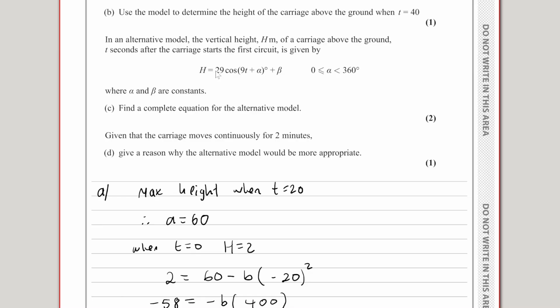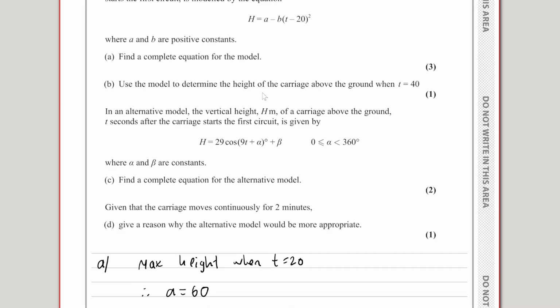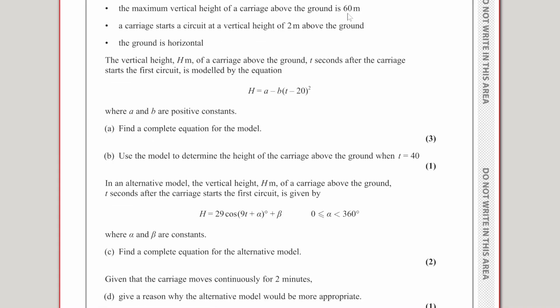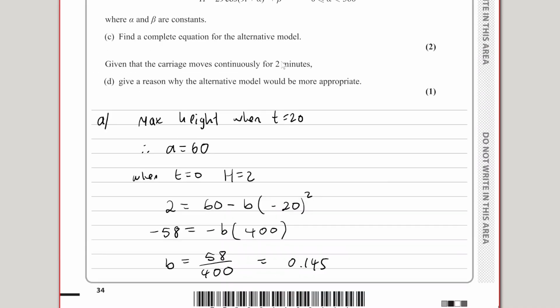Find the complete equation for the alternative model. So this time we've still got the same information, so the maximum is 60 and it starts at 2. So the maximum is 60. The biggest thing the cos can be is 1. So beta must be 31.